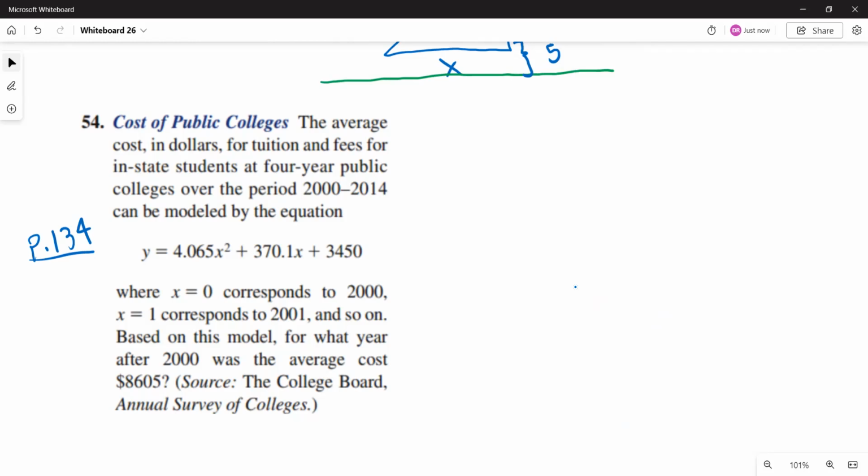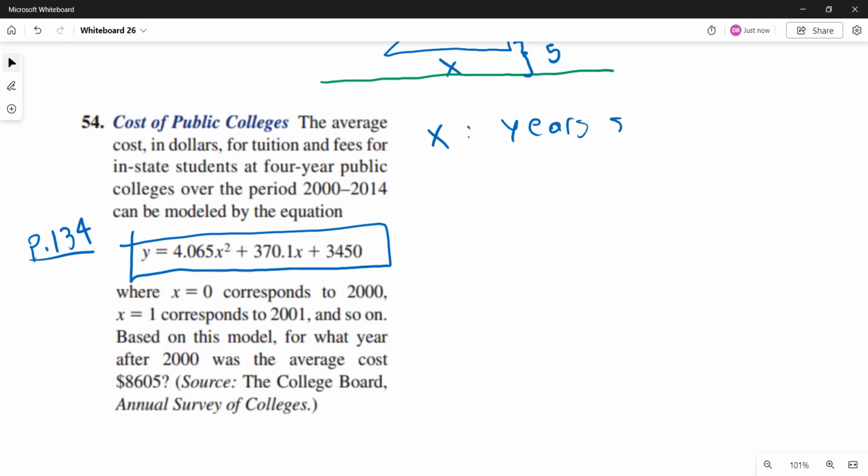Okay. So we have this equation where x is the years since 2000. And we want to know when the average cost was 8,605.